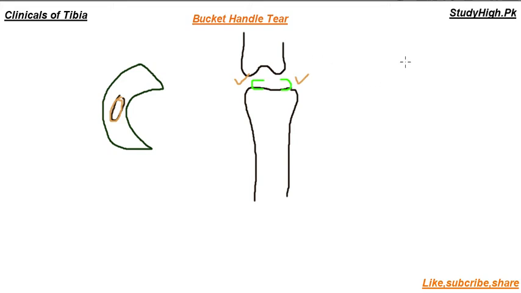Because the lateral meniscus of our tibia and femur joint is loose. It can move forward and backward easily, whereas the medial meniscus is tightly attached. It cannot perform a lot of movement. So the binding of the medial meniscus is very hard as compared to the lateral meniscus.